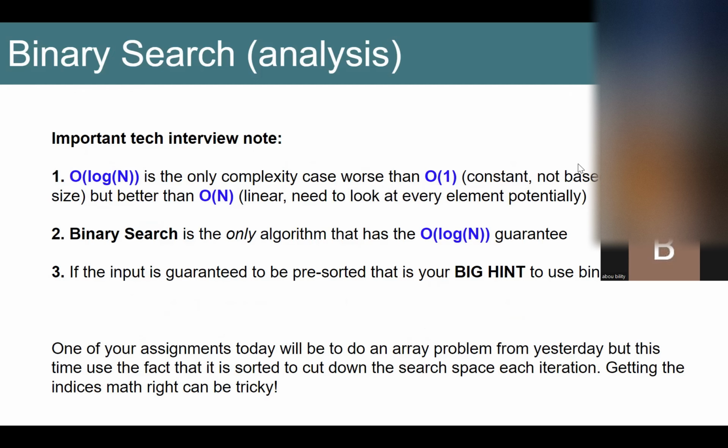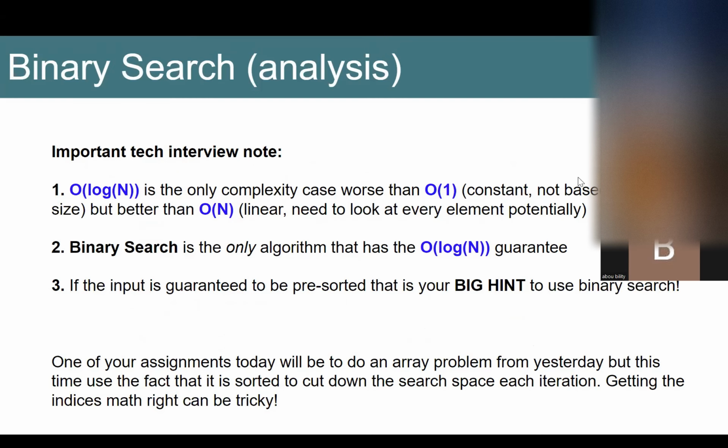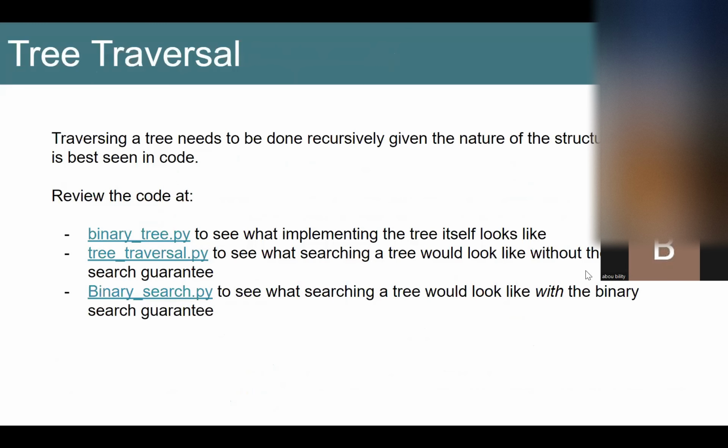One of your homework assignments is going to be to do a problem from yesterday, but you're going to get a sorted array instead of unsorted, and that's going to help you cut down the search space every iteration. So keep your indices in mind for that. As it says here, traversing a tree needs to be done recursively, given the nature of the structure, which is, again, what we talked about.